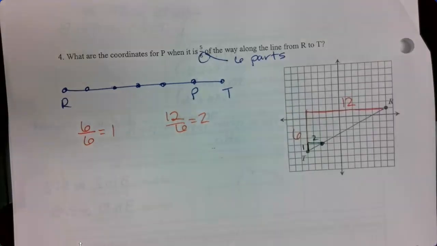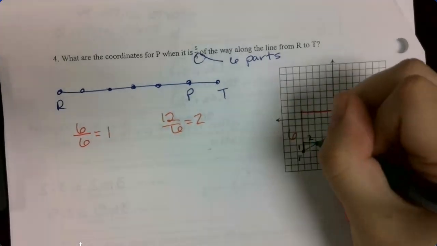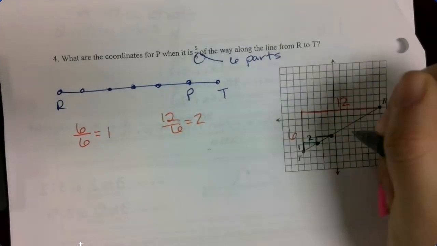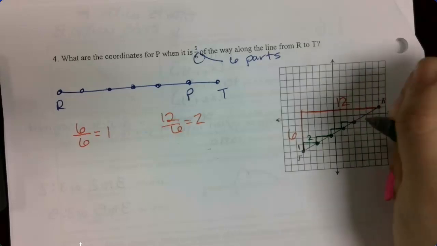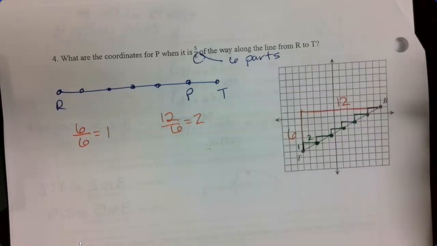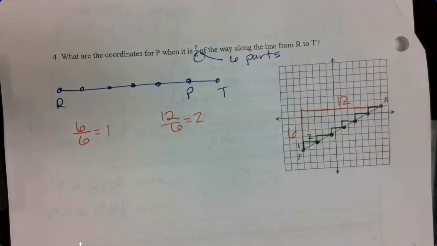Then I'm going to repeat this until I've broken it up into 6 parts. So I'm going to go up 1 over 2, mark it, up 1 over 2, mark it, up 1 over 2, mark it, up 1 over 2, mark it, and then up 1 over 2, and it's done.